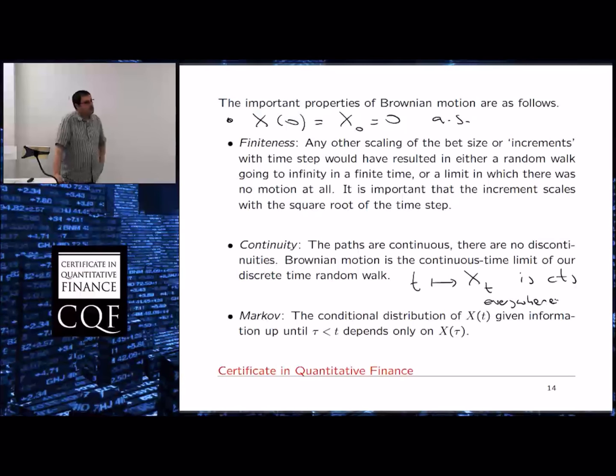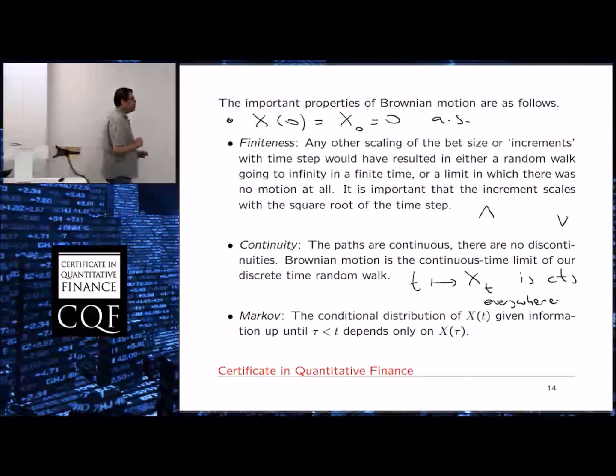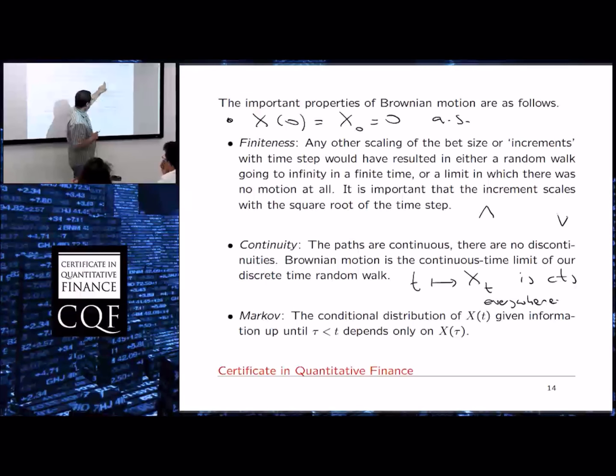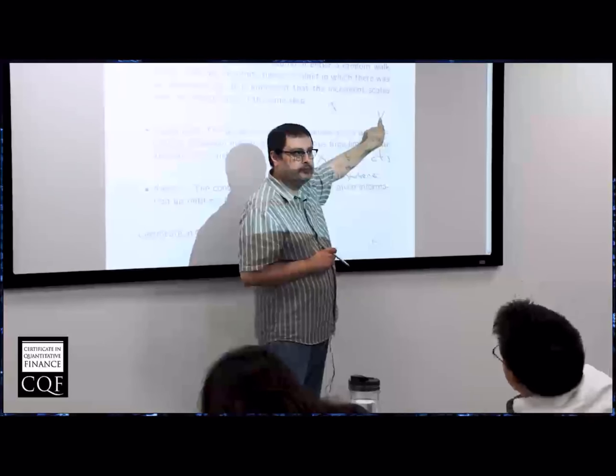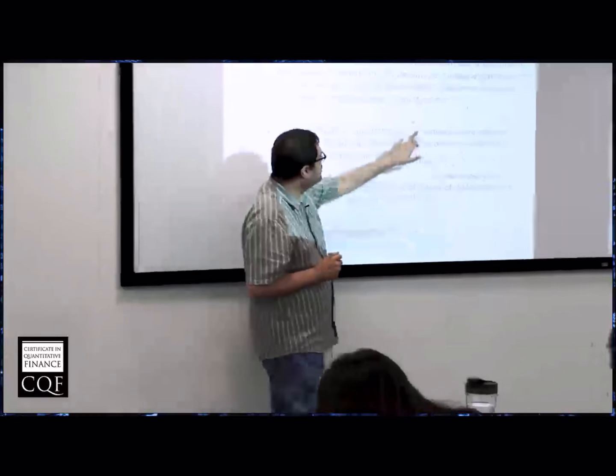Why did I show you those points? It's because I showed you that at some places it looked like that, at other places it looked like that. Now we know that anything like that point there on the top and this point there, the derivative doesn't exist. So Brownian motion is continuous everywhere, but it's differentiable nowhere.